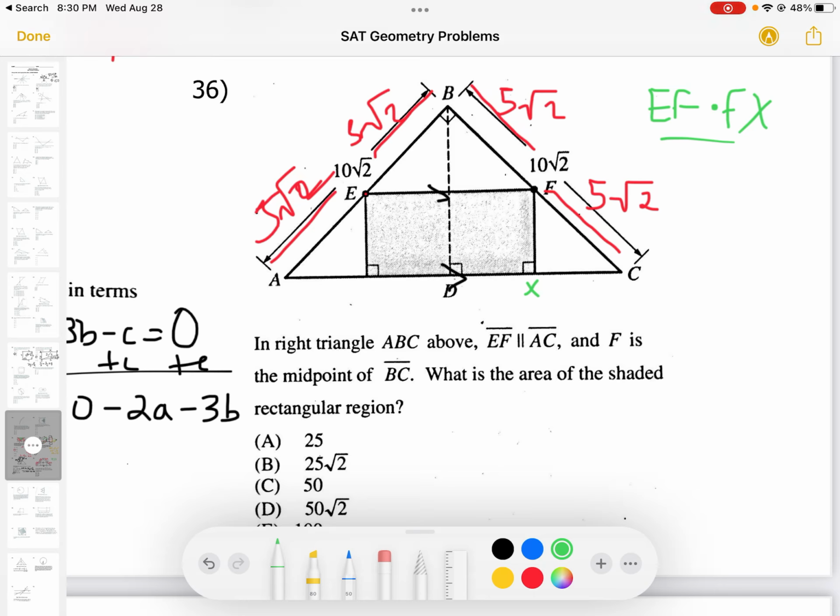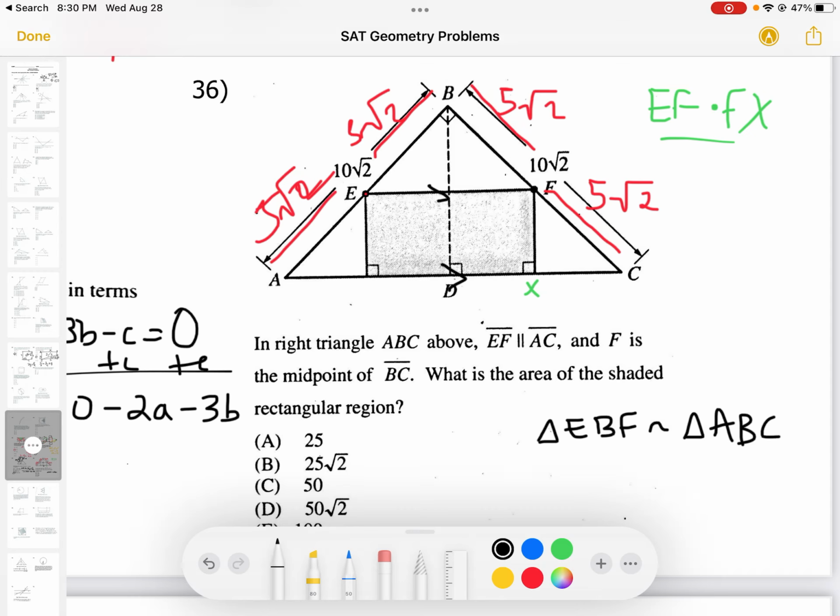Now, by triple angle similarity, we know these lines are parallel, this entire thing. So this angle will be equal to this angle, that angle will be equal to that angle. We know they're similar. So triangle EBF is similar to triangle ABC.